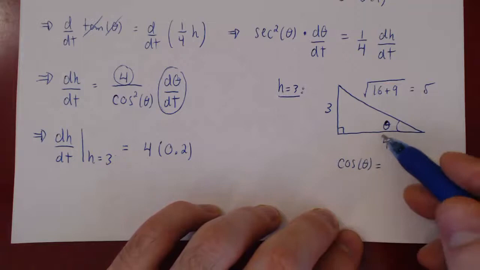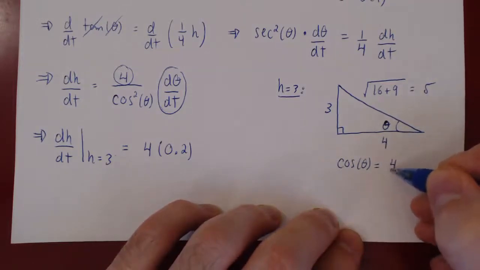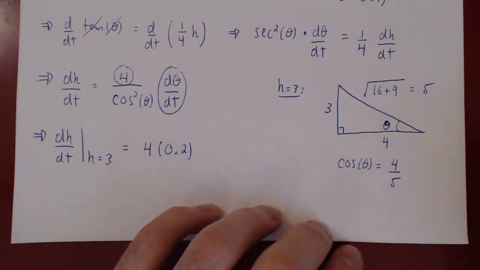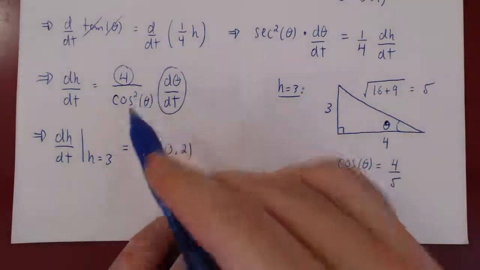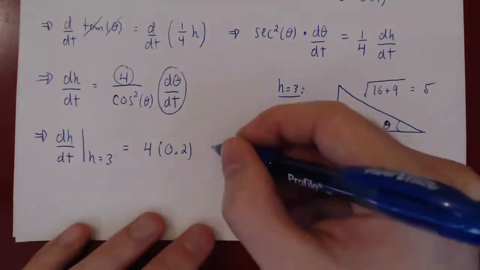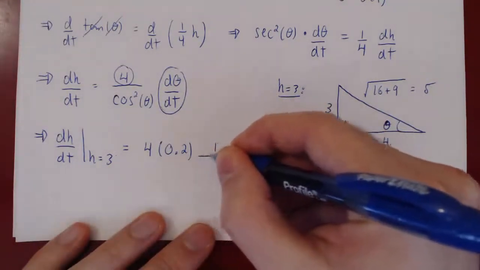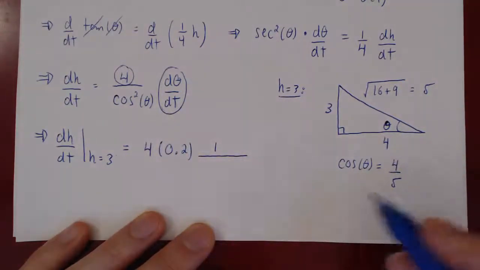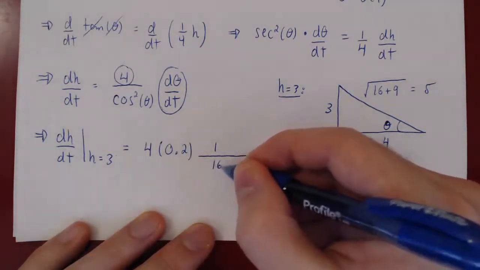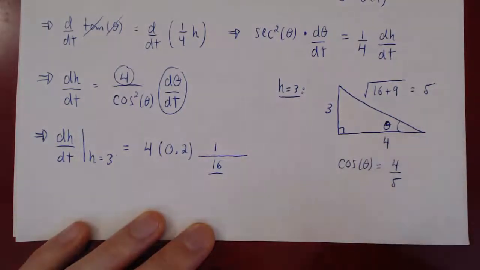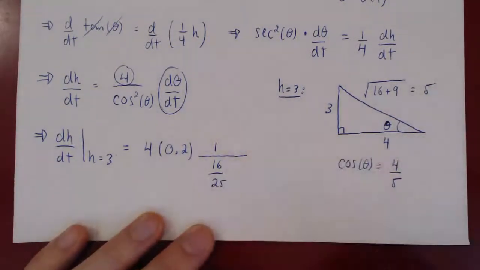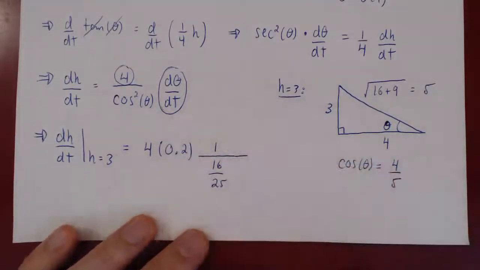SOHCAHTOA, cosine is the adjacent over the hypotenuse. So it's 4 over 5. Well, here we have 1 over cosine squared, so that's times 1 over the cosine squared. If you square this, you'll get 4 squared, which is 16, over 5 squared, which is 25. And now we just have to simplify this expression.